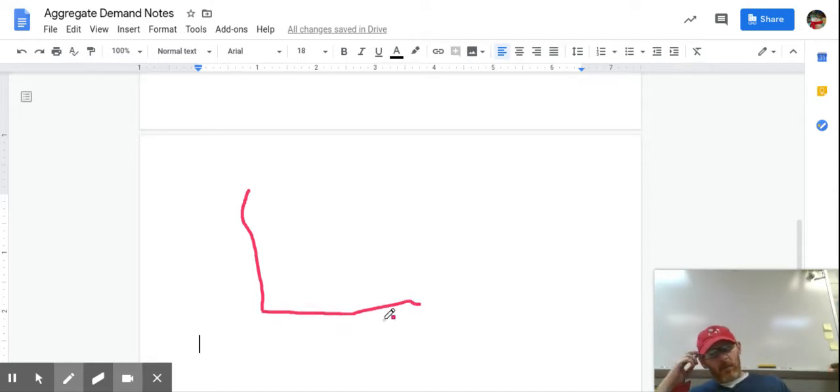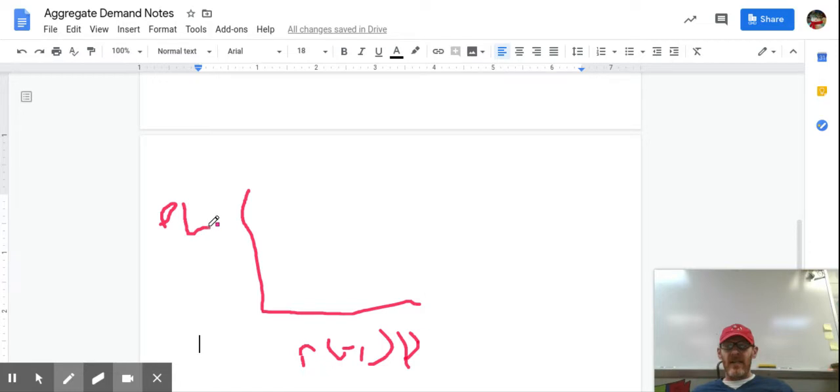And instead of having quantity at the bottom, and you'll see this, we're going to do so many videos of aggregate demand, aggregate supply, that you'll get used to this. But on the x-axis is real, that's supposed to be an R, real GDP, all right? And then on the y-axis is price level. So essentially on the y-axis is our rate of inflation, okay?